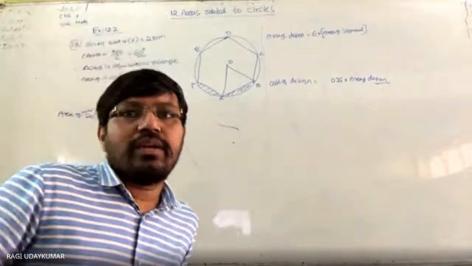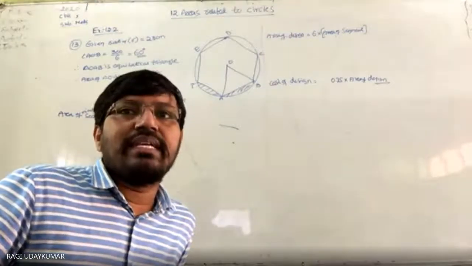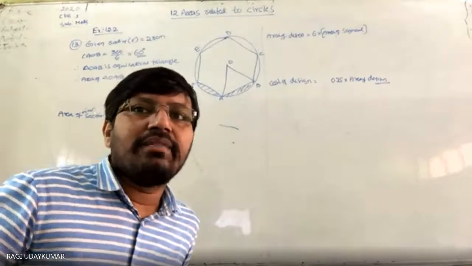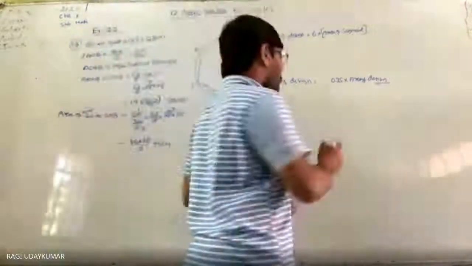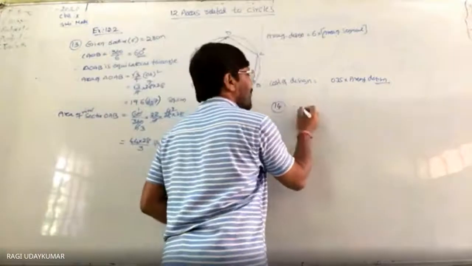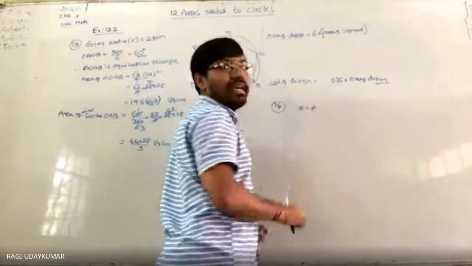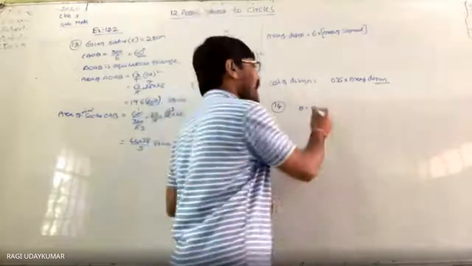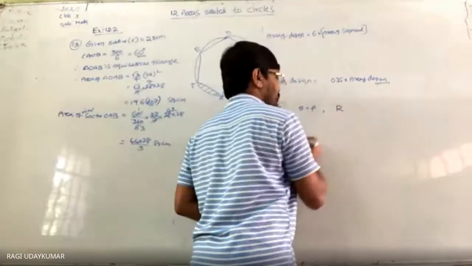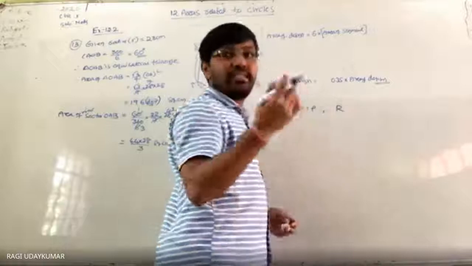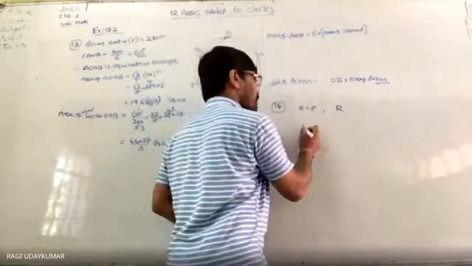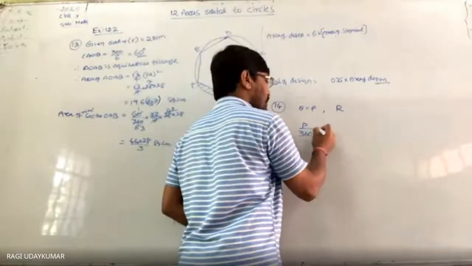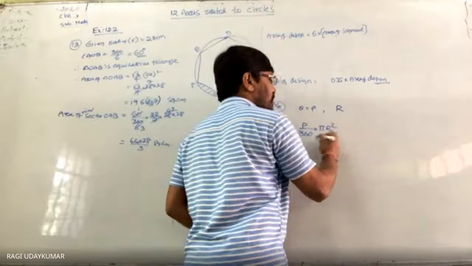You do it. Okay? So the 14th question is given. Take the correct answer in the following. Area of the sector of the angle P. Angle is given, theta is equal to P. Area of the sector of the circle of radius capital R is given. So what is the area of the sector formula? P by 360 into pi capital R square. Simple question.